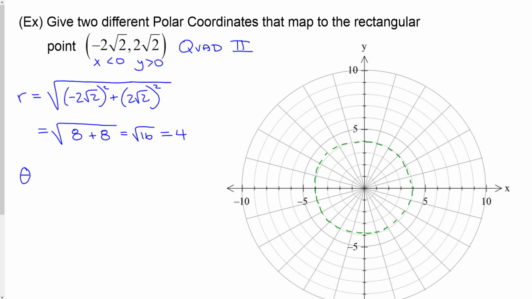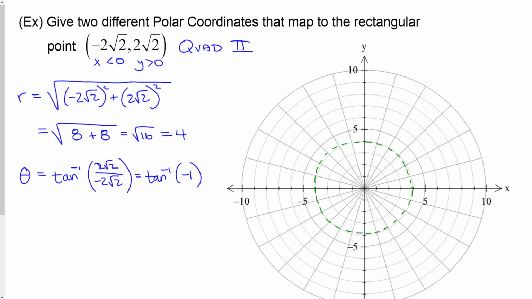So to figure that out, I need to do an arctangent of the y, so 2 root 2, over the x. So this is going to be arctangent of negative 1. The problem with arctangent, however, is that it's only going to return values that are either in quadrants 1 or quadrants 4. But I know that my point is in quadrant 2.